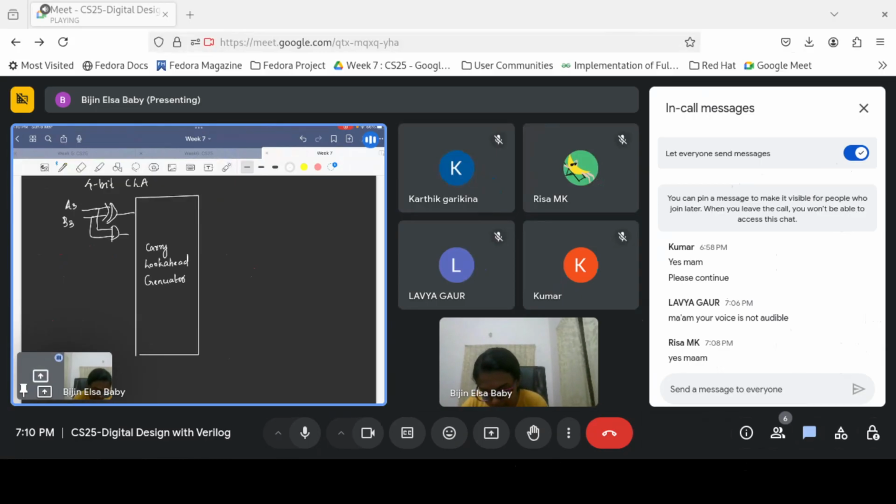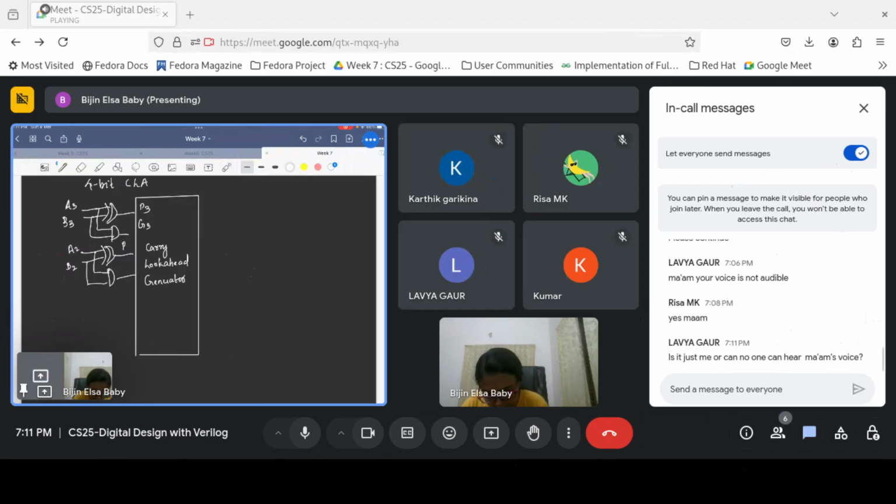This is one half adder, then another half adder. This will be A3, B3, P3, G3, A2, B2, P2, G2.